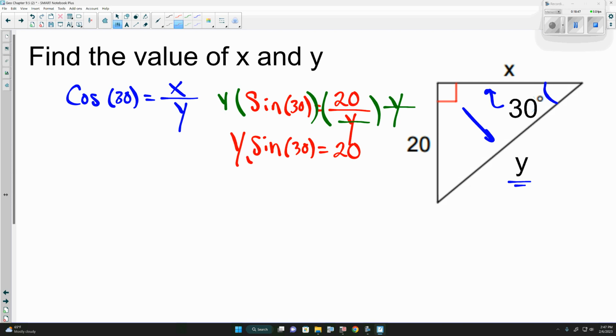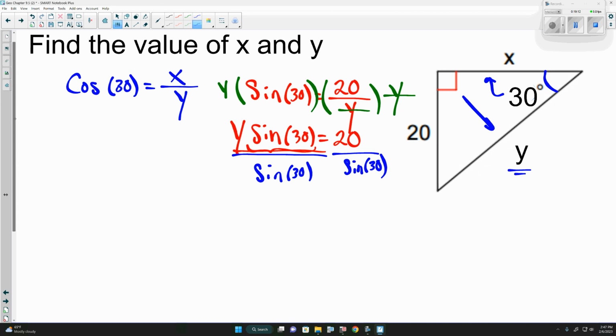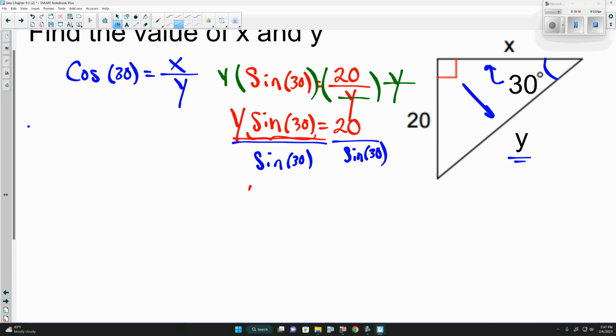Now, what do we know about sine of 30? Sine of 30 is just a number, yes? Yes, but not quite. Not because y and sine are being what? Added or multiplied? So to undo multiplication, we would divide by it.